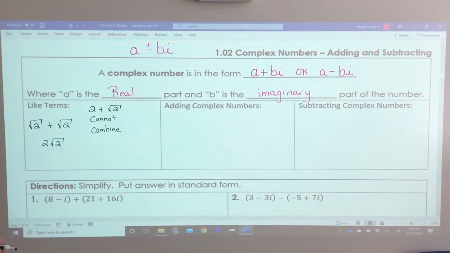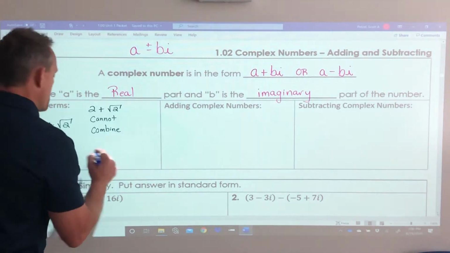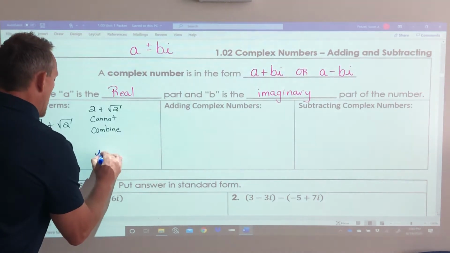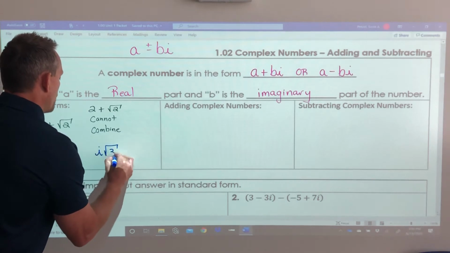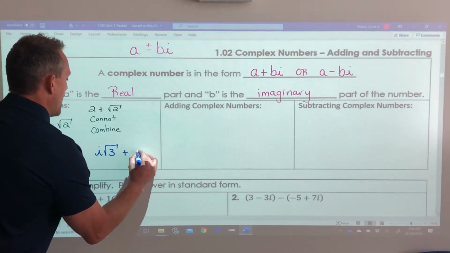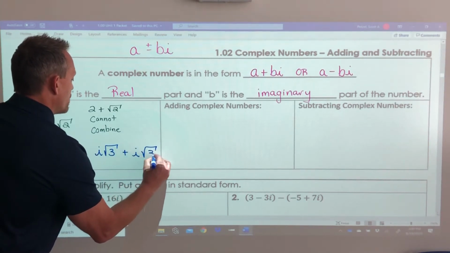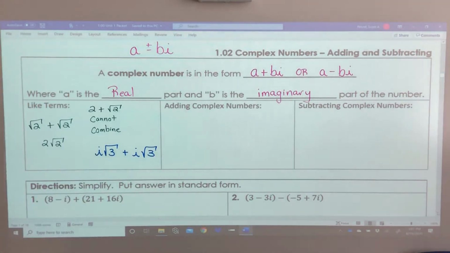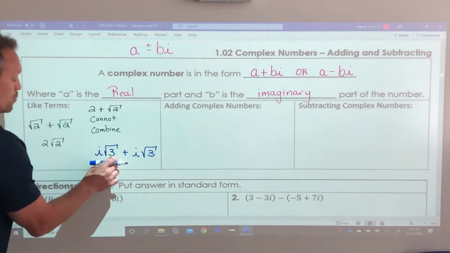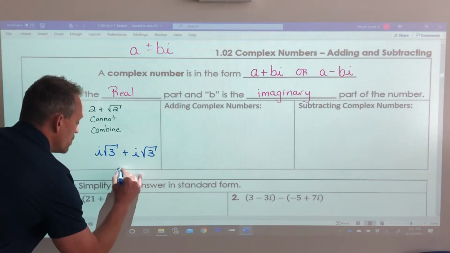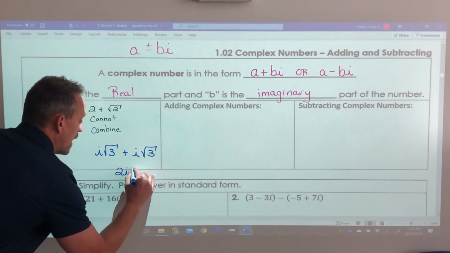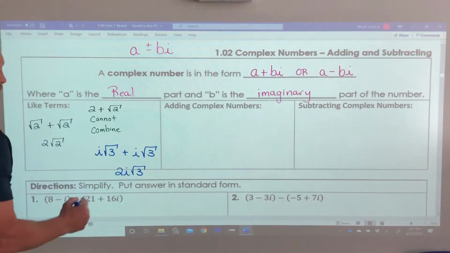All right? What about other situations? What if I had i square root of 3 plus i square root of 3? Well, those are the same things. This is one of them, this is 2 of them, so you could technically have 2i square root of 3.